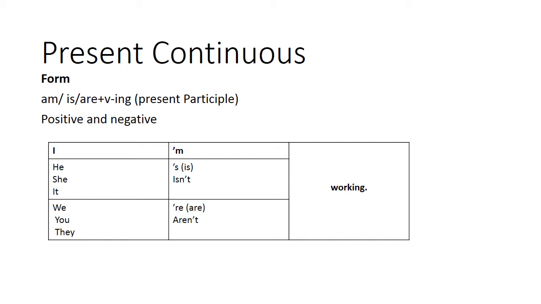If I want to use it as a negative, we can say, he isn't working, or she isn't working. If we use a subject like we, we can say we are working. In the negative, we can say you aren't working.